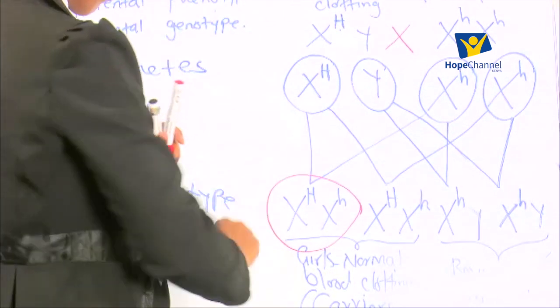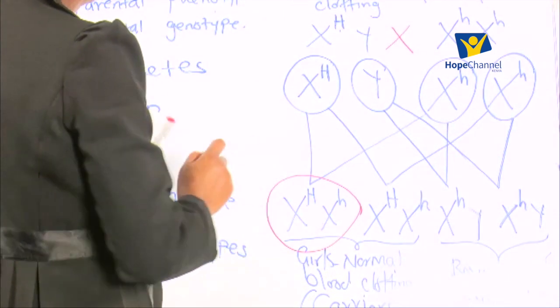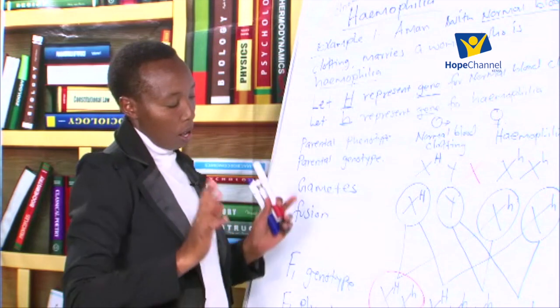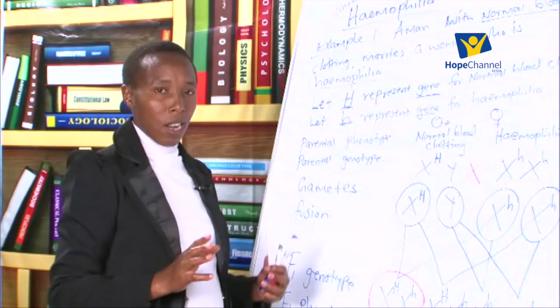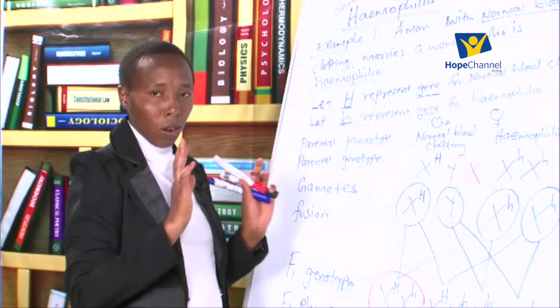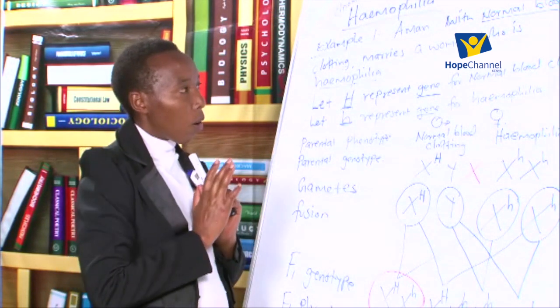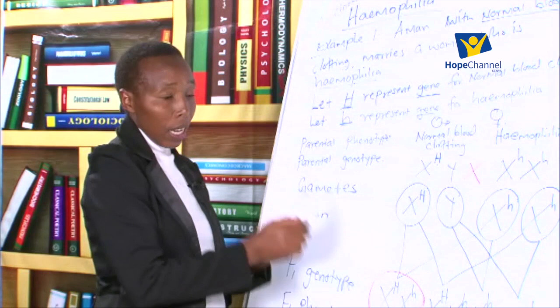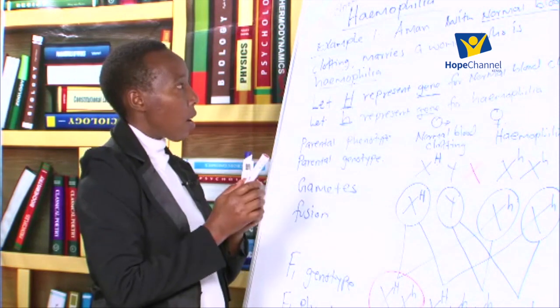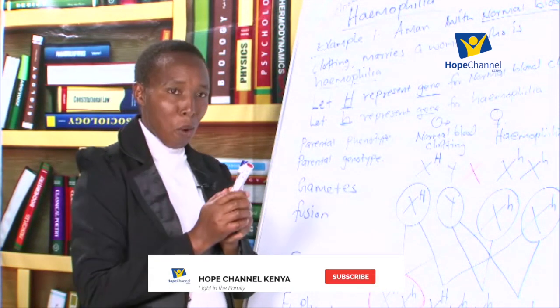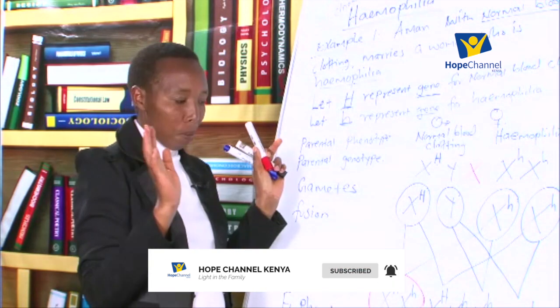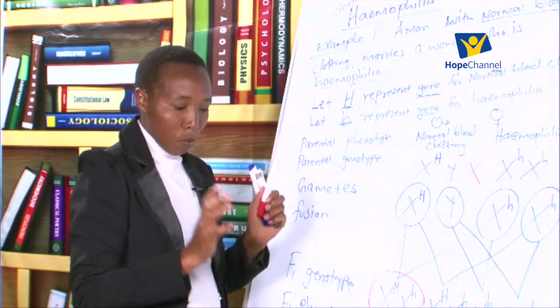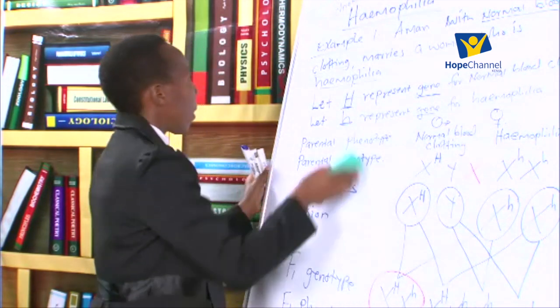A carrier, because the person is in a heterozygous condition. Assume this person thinks, I'm very normal, I have normal blood clotting, and now this girl gets married to a man who has a normal blood clotting system. So all of them are very normal. Let's see what will happen to their offspring.